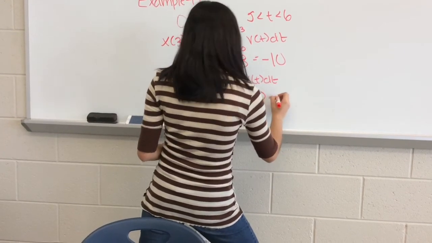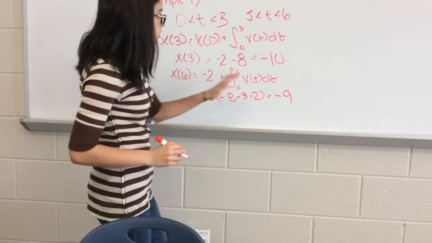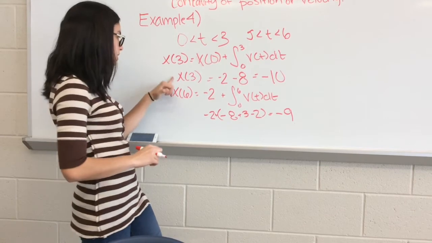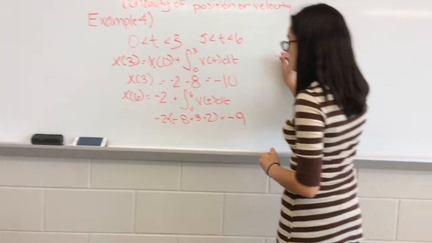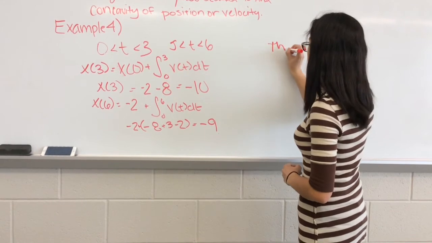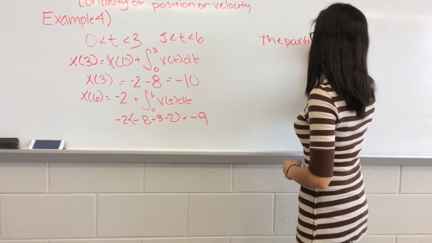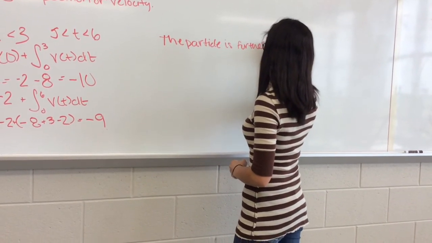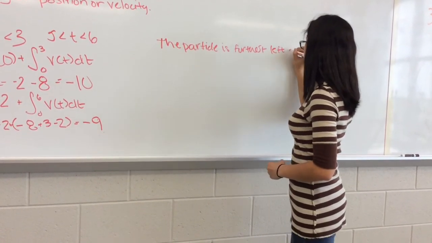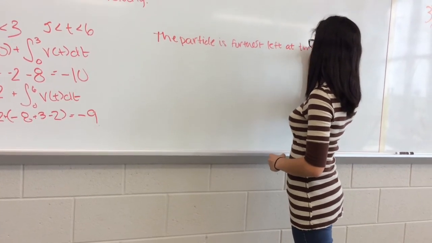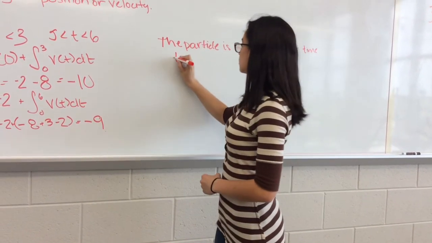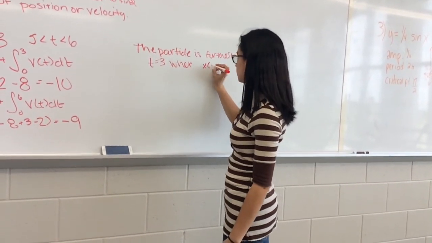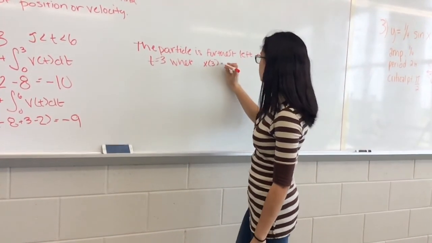And this comes out as -9. And since -10 is the most negative value, we know that the particle is furthest left at t equals 3. So we state this. Where the x of 3, position at time 3, equals -10.